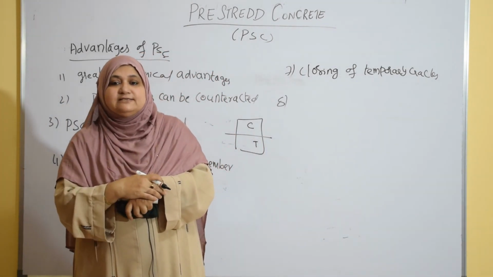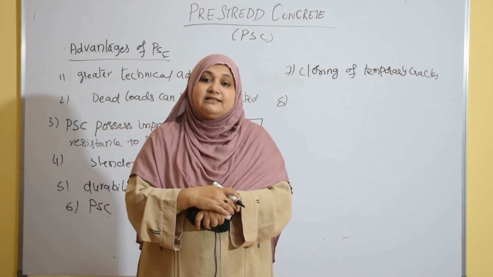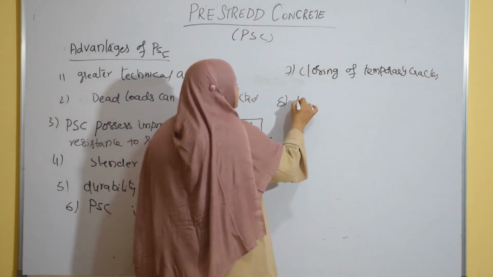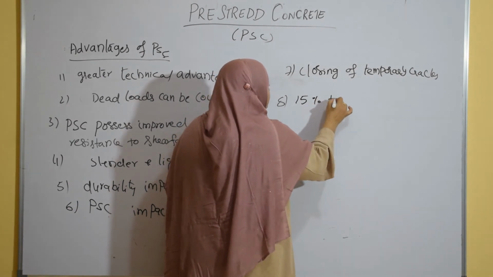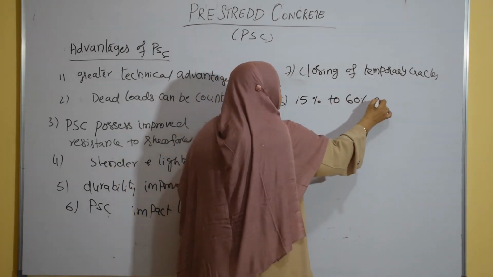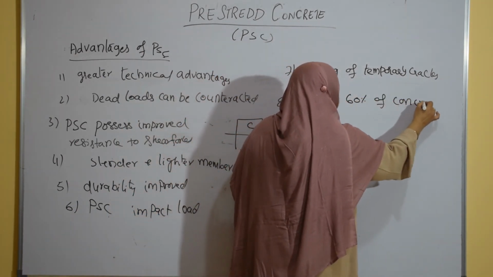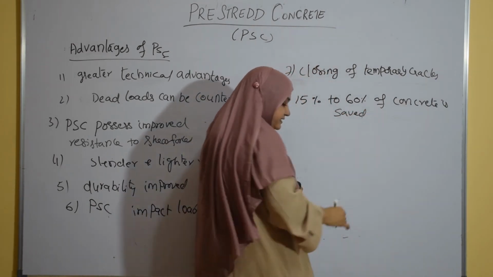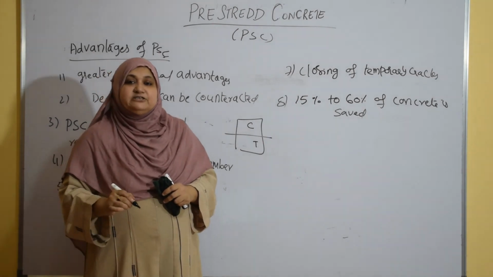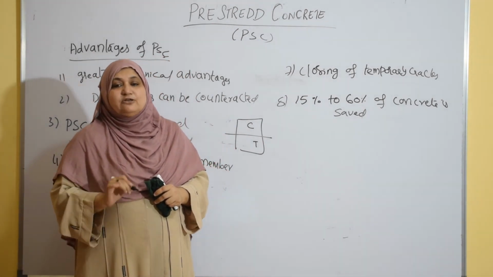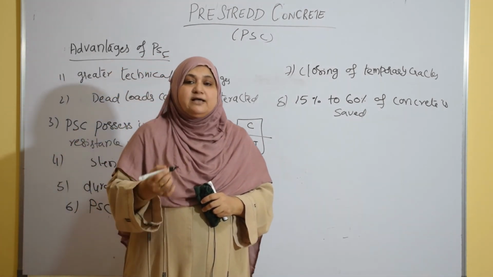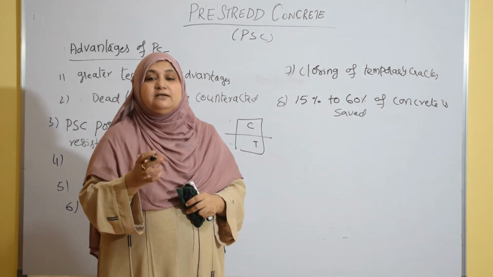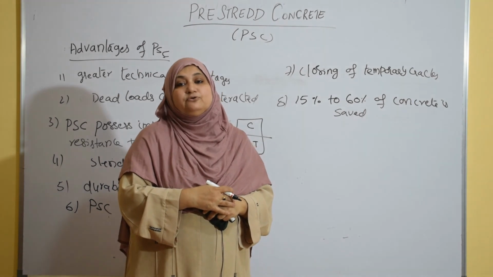Because we are utilizing it completely, in the compression zone as well as the tension zone, we can save concrete, say 15 to 60%.